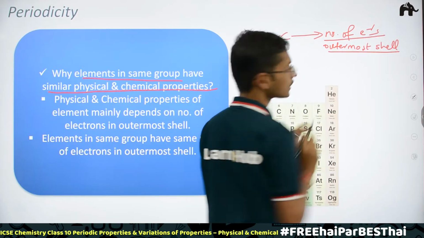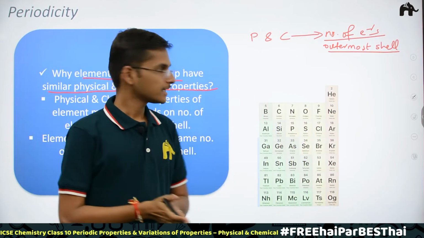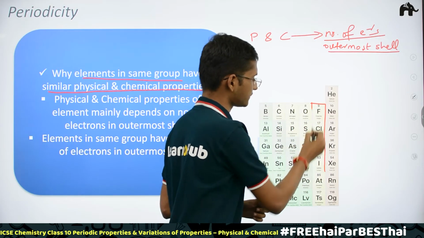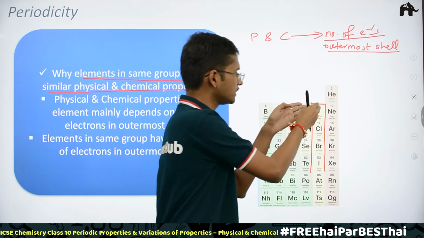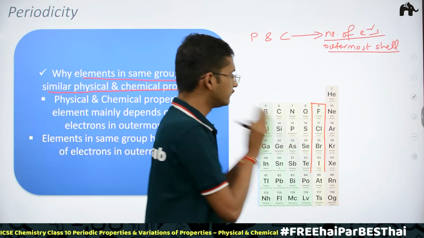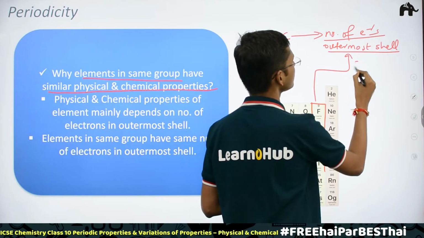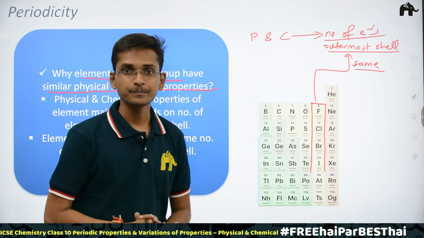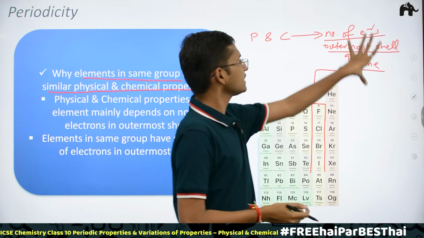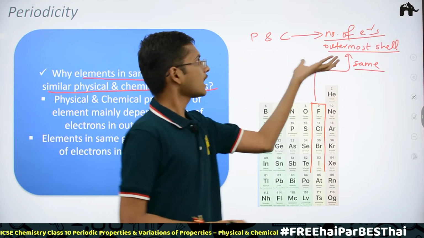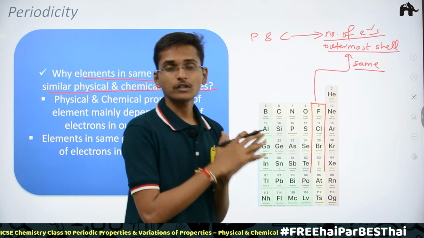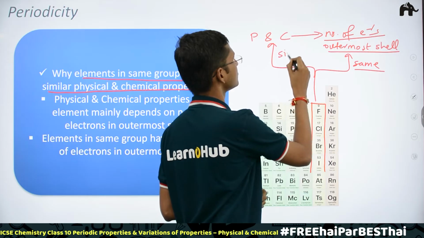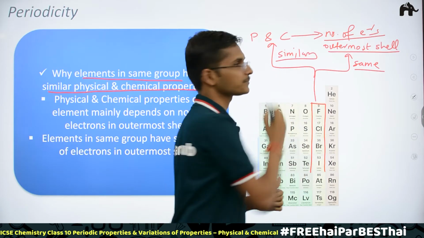We have already studied that in a group, for example group 17, all the elements have the same number of electrons in the outermost shell. We saw there were 7 valence electrons. So if they have the same number of electrons in the outermost shell, and physical and chemical properties depend on the number of electrons in the outermost shell, then it is very clear that they show similar physical and chemical properties, isn't it?